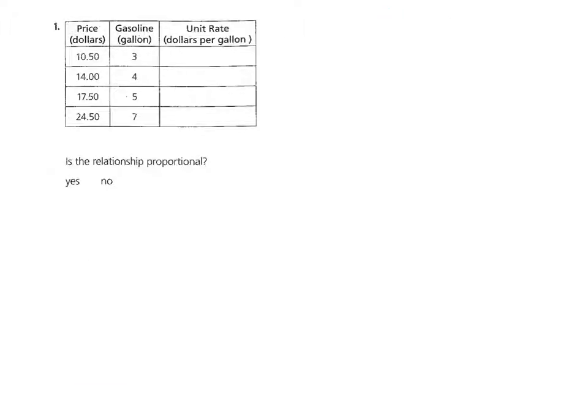Okay, let's look at the next table. In this table, you see information on the price or the cost versus the number of gallons of gasoline. So you'll see that we have 3 gallons of gasoline for $10.50. We have 4 gallons for $14. We have 5 gallons for $17.50, and we have 7 gallons for $24.50.